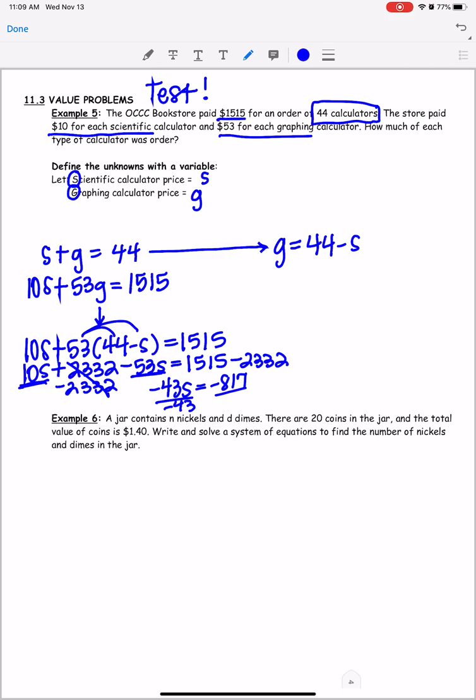Divide both sides by negative 43, and I'm going to get S equals 19.